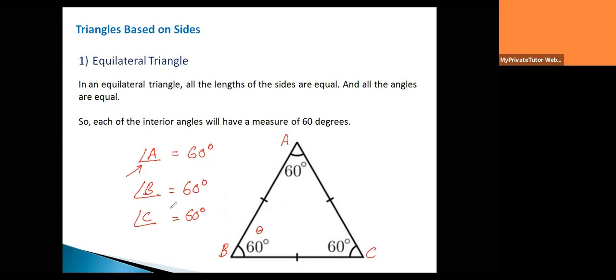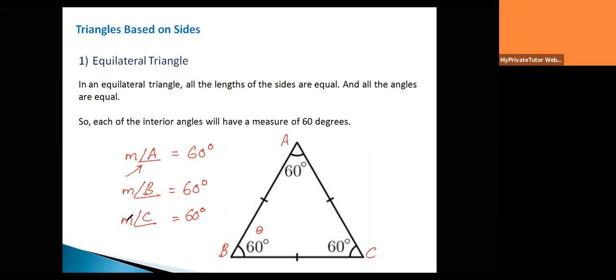But the representation of an angle is this one, and angle A is not 60. We need to say it is the measure of the angle. We must write m in front of that angle if we are finding the angle.